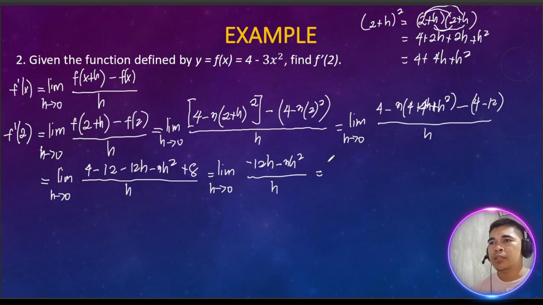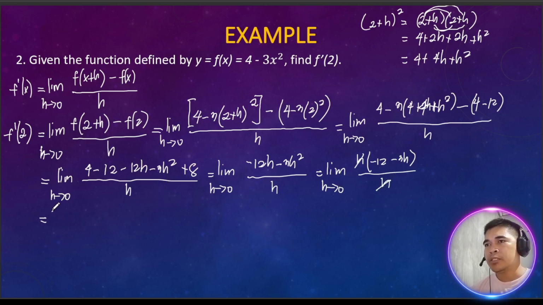And then, limit. We have a common factor of h. Negative 12 minus 3h over h as h approaches 0. So, cancel. So, ang nabilin is limit of negative 12 minus 3h as h approaches 0. Now, we can apply the limit.